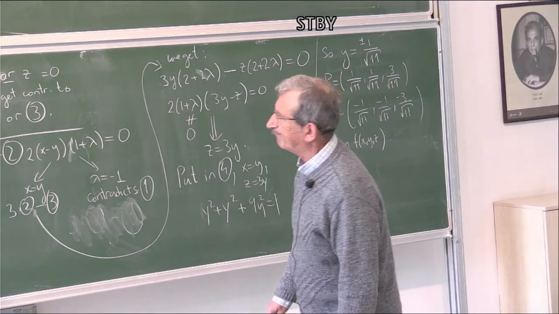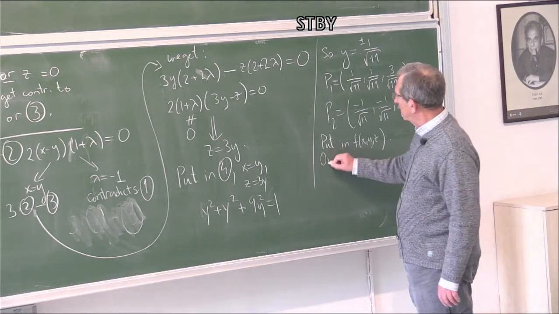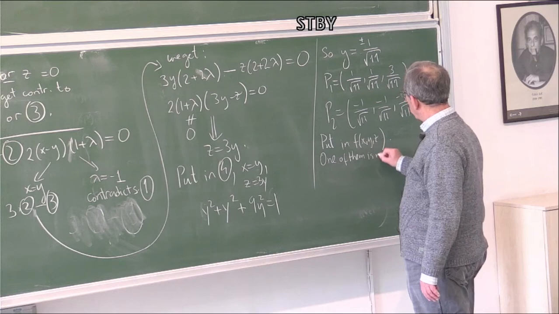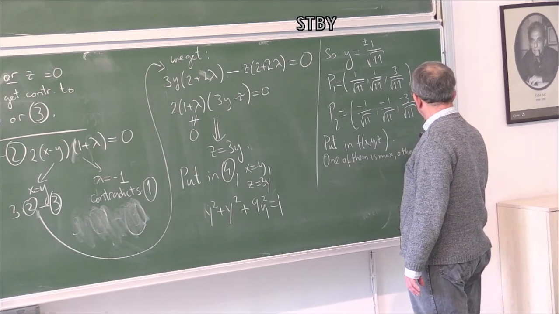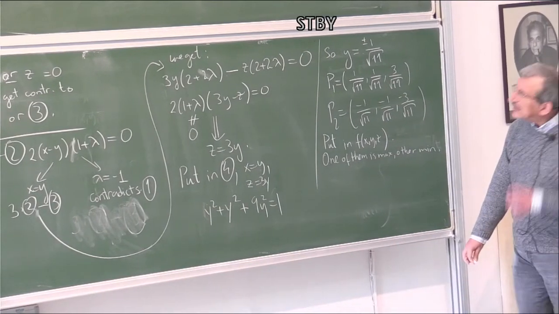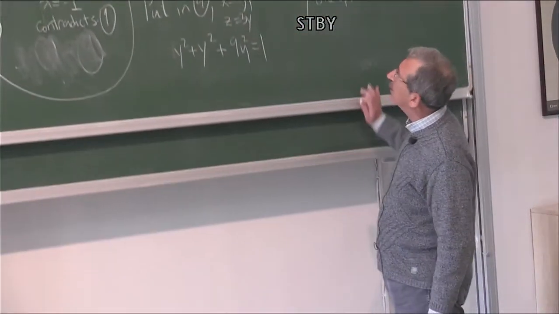One of them is maximum, the other minimum. Again, the minimum and maximum exist in this case, but we can even see it from the geometry.